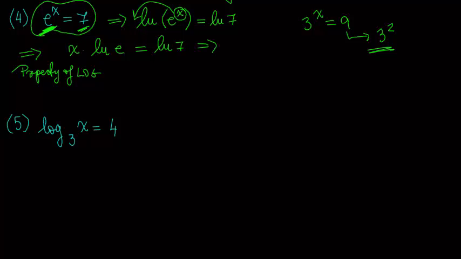Why? Because by the way I constructed this log, it was the same base as what I had in my expression here, e^x. I set it up so that this turns into ln of e, and ln of e is 1, so the left-hand side is just x, and now I have isolated x by itself. I have that x equals ln of 7.